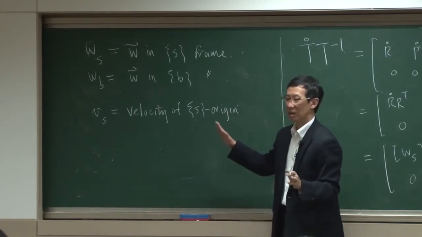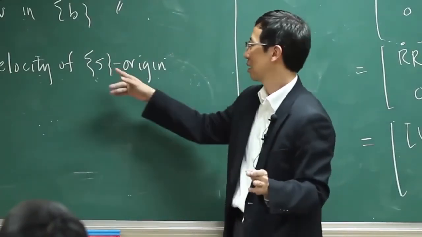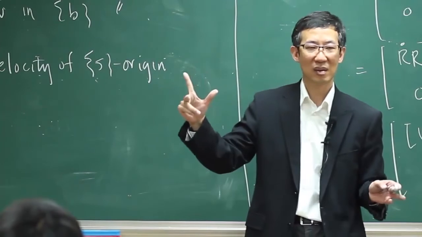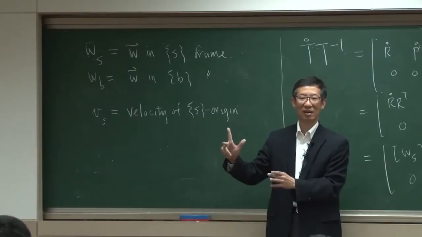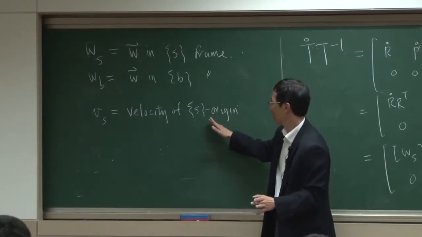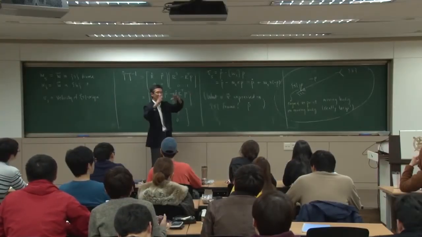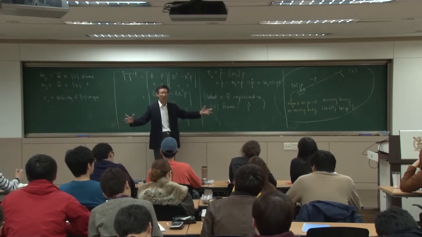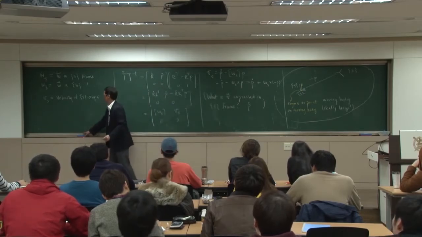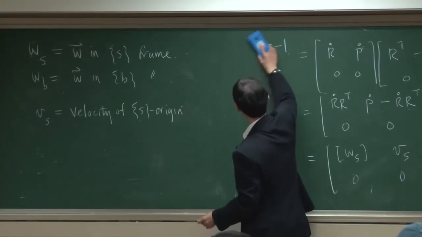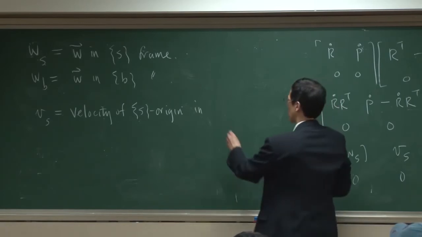Now, don't make this mistake. Here's the mistake: S frame is fixed, S frame doesn't move, origin doesn't move, therefore the velocity is 0. That's not what I mean here. The S frame origin is now a point on this really large moving body. As this moving body moves, this frame also moves. So V sub S is the velocity of the S frame origin, expressed in S frame coordinates.